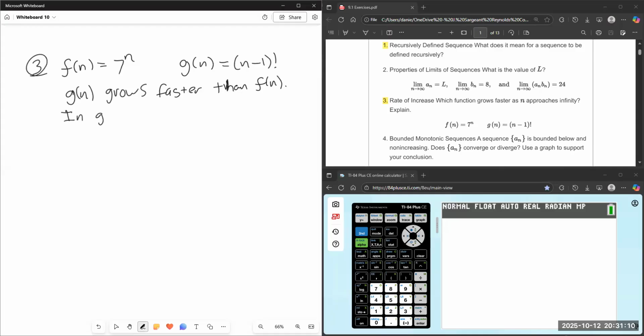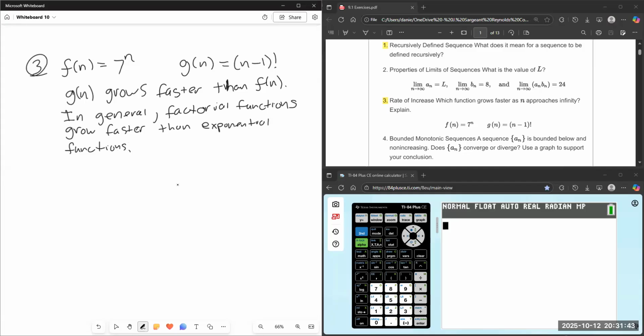There are some exceptions to this, but in general, factorial functions grow faster than exponential functions. And they definitely do as n approaches infinity.